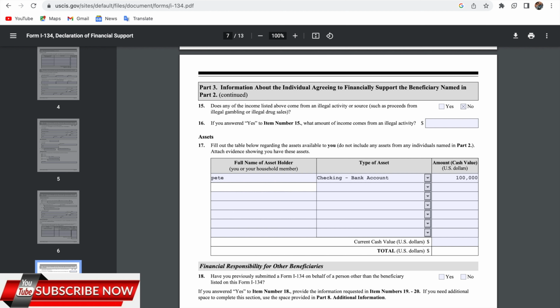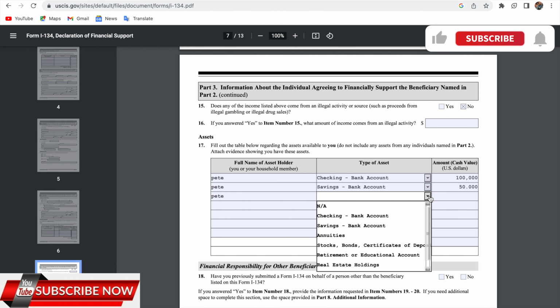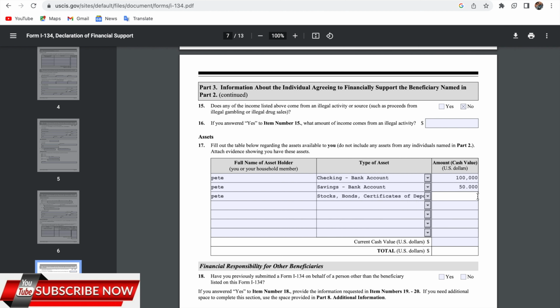If they have a savings account too, you put it over there, maybe 50,000. And if they have another asset, any asset, like stocks or bonds, maybe another 50,000 of stocks, you put that in. So that would be 200,000, and you put in your total.